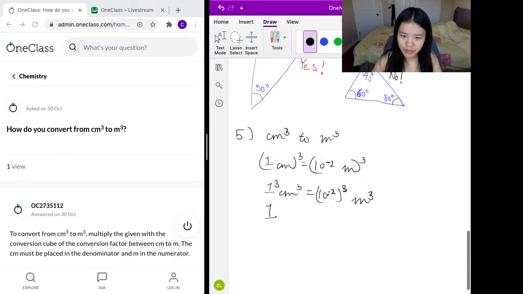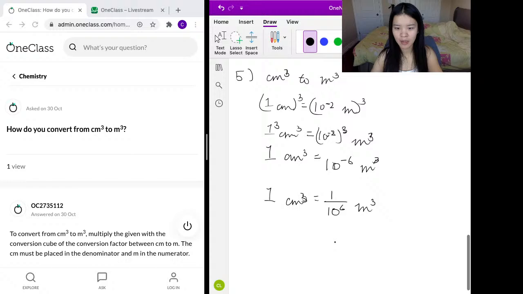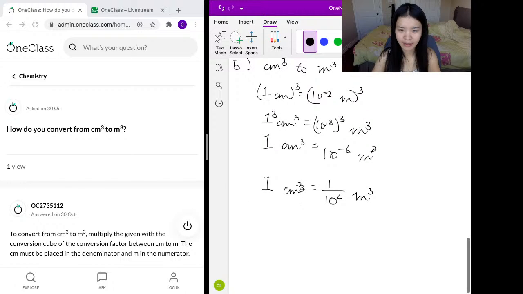And 1 cubed is just 1, and 1 centimeter cubed would equal 10 to the power of -6 meters cubed. Okay, so this is our conversion.